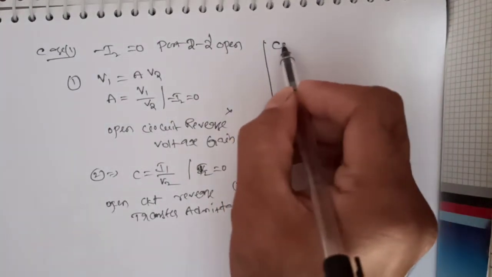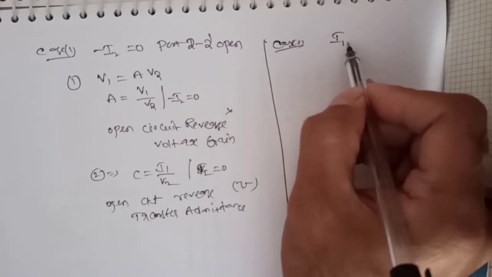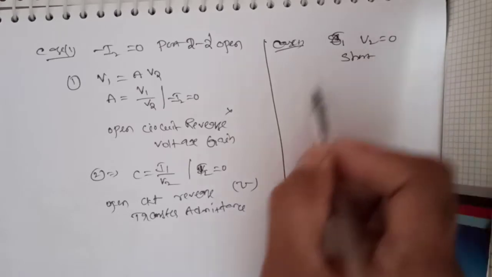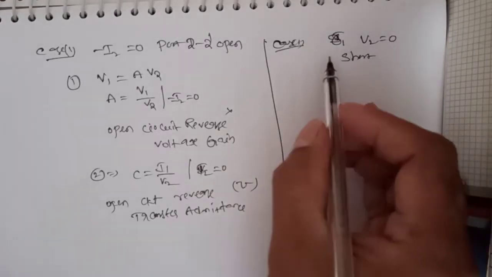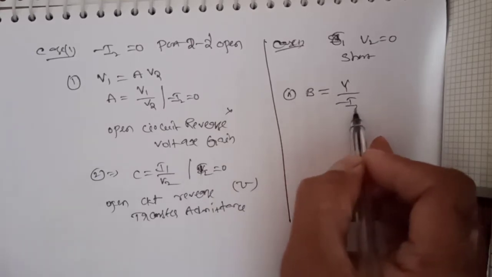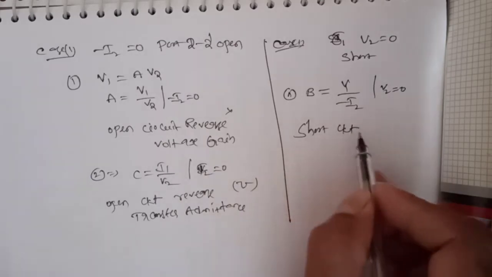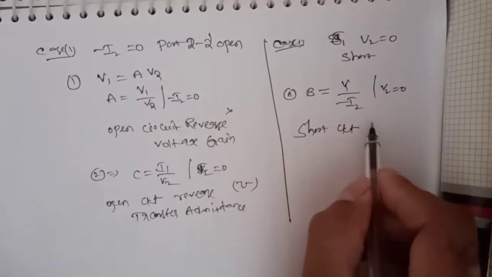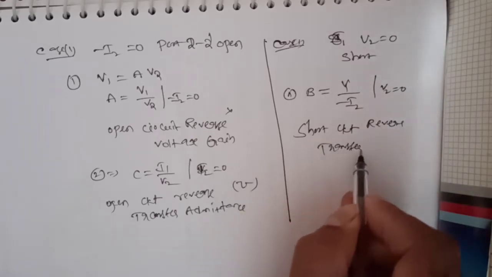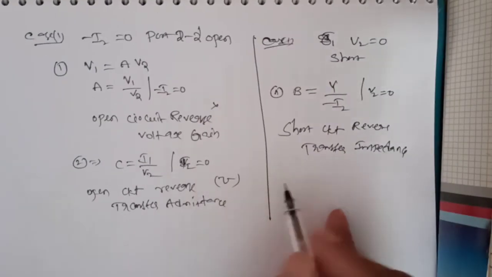And next in case 2, if you make V2 equal to 0, that means port 2 dash is short circuited, then by using the first equation we get B equal to V1 by minus I2, where V2 equal to 0. That's why this parameter name we can call short circuit reverse transfer impedance, since V by I is nothing but impedance.